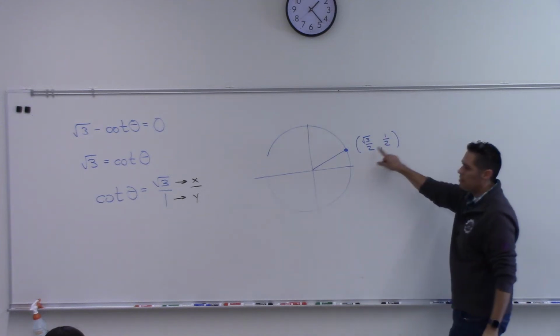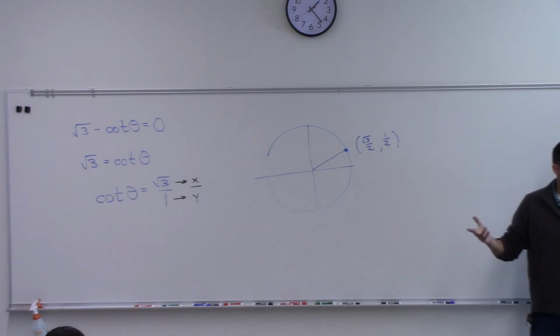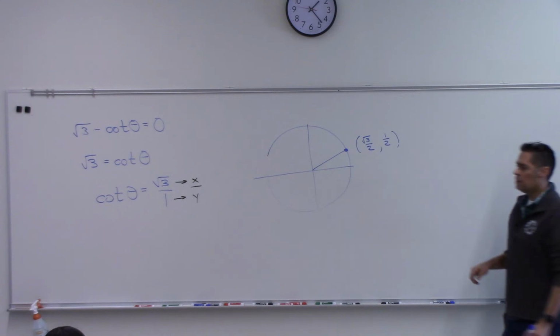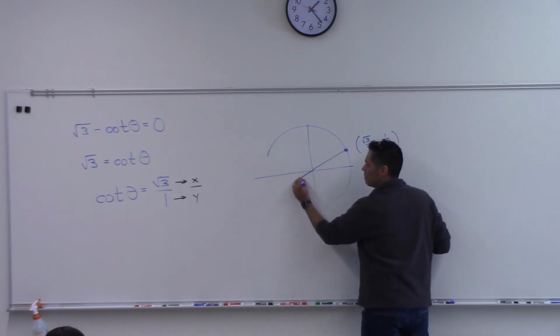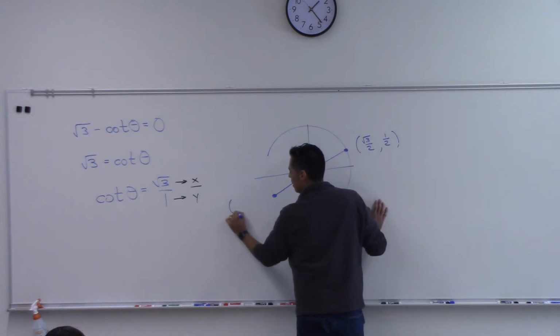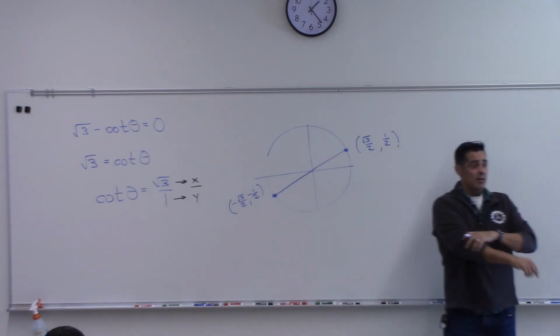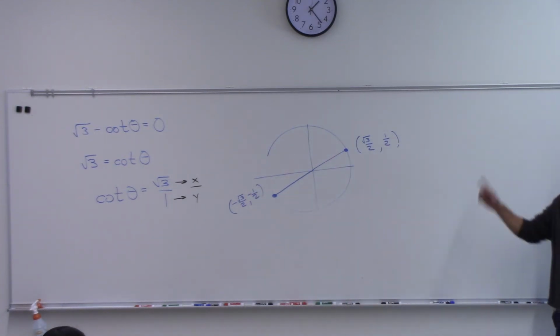And if you take the x and divide it by the y, you get root 3. So that works, right? Is that the only place? 7 pi over 6 over here? Right there, directly across. This would be negative root 3 over 2 and then negative 1/2. So you had that, right? Okay. So that's it. Those are your two places.